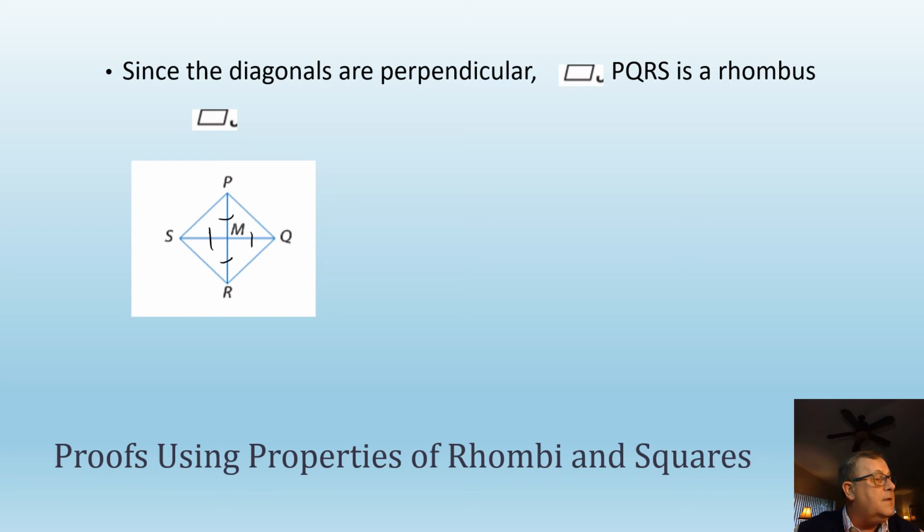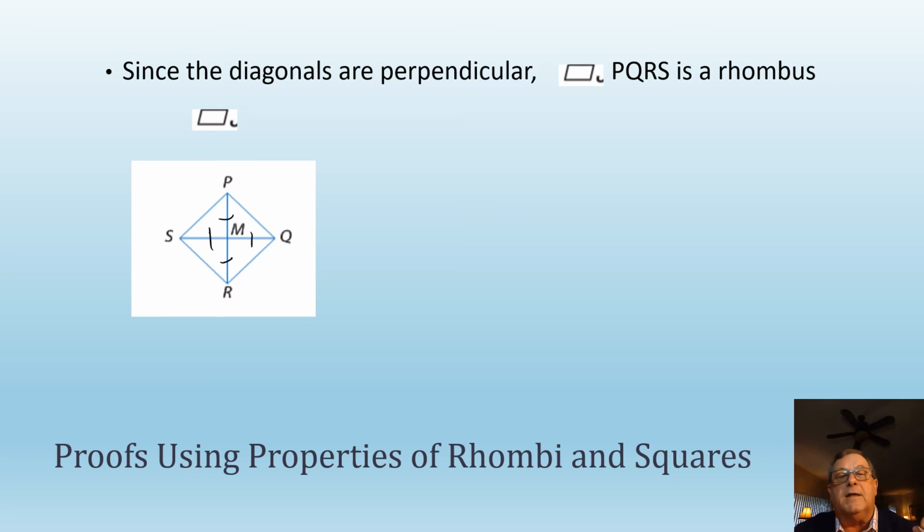Now, one of the things about a square, we see this in theorem 6.20, if a quadrilateral is both a rectangle and a rhombus, well, guess what? It's a square. So we've just proved, because the diagonals are congruent, that this parallelogram is a rectangle.